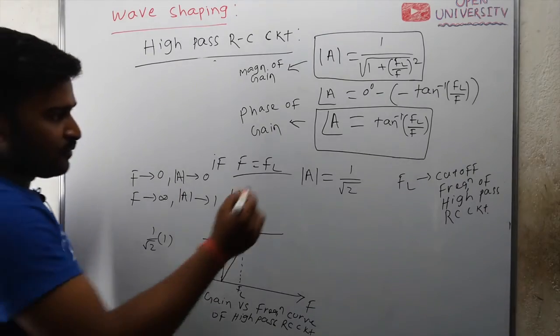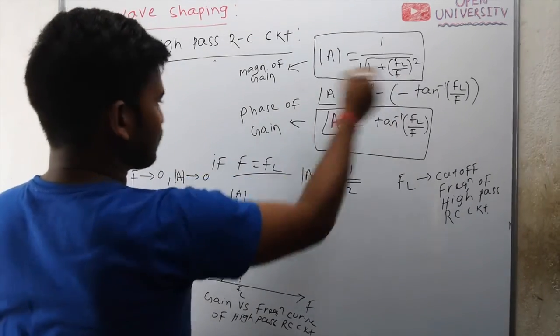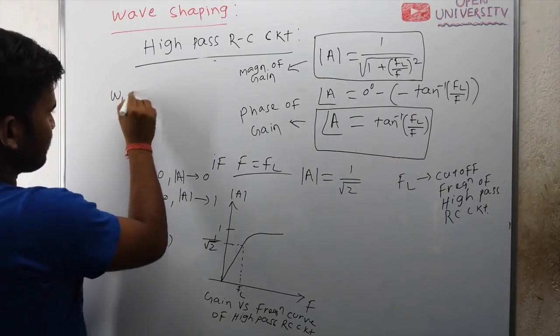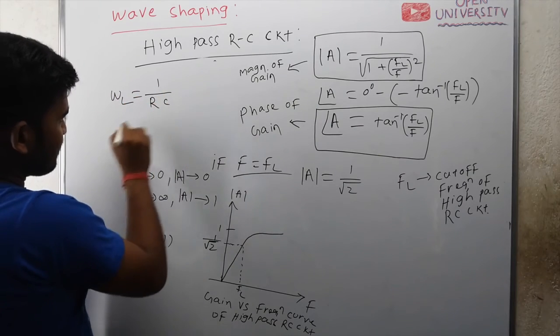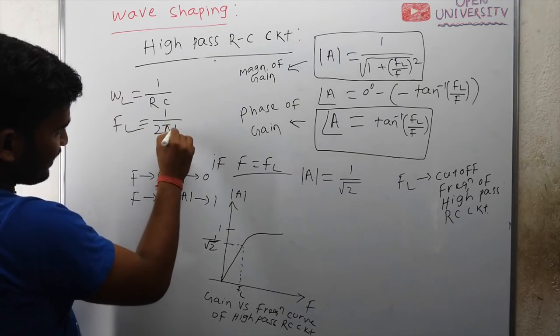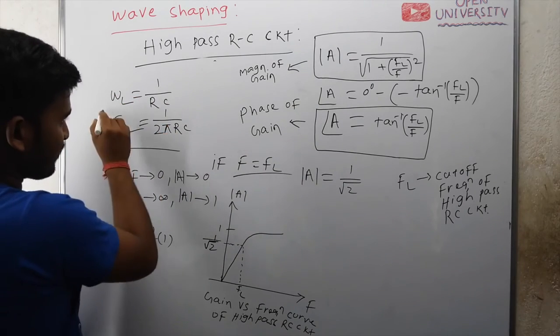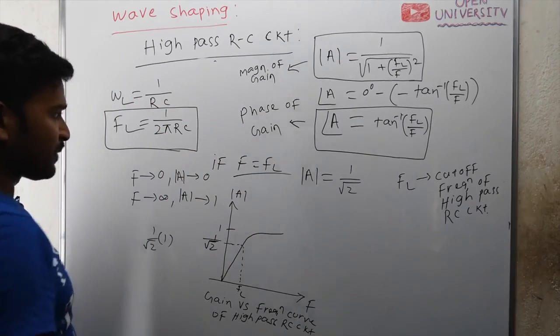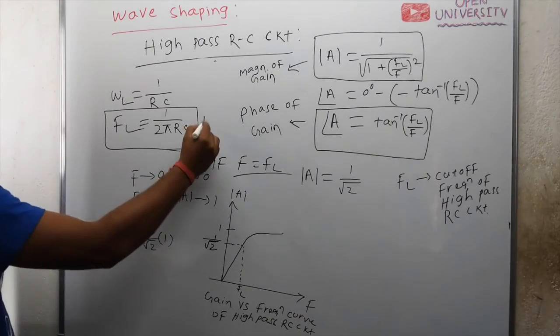Then what is the value of fL? Omega L was 1 by RC, so fL is 1 by 2 pi RC. The lower cutoff frequency formula is fL equals 1 by 2 pi RC Hertz.